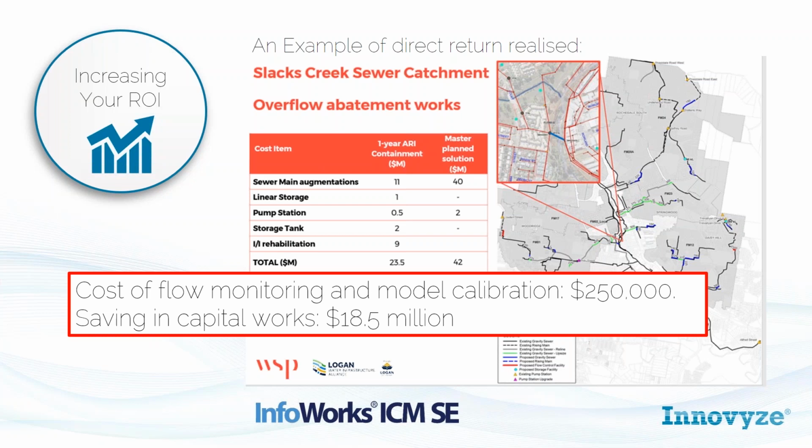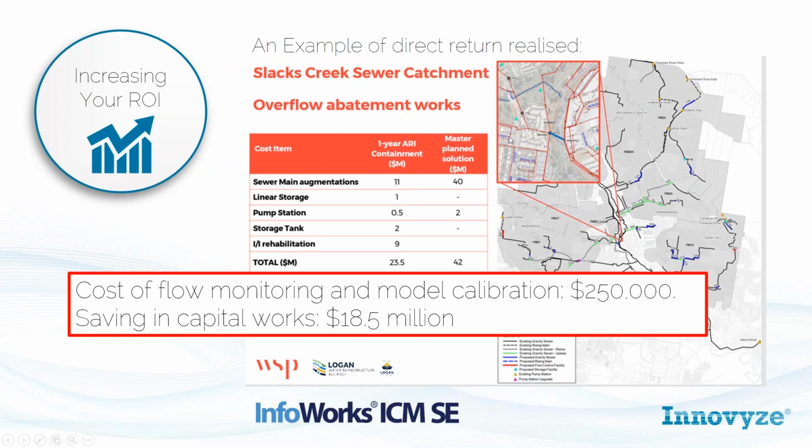So the project here is the Slacks Creek sewer catchment, and the traditional approach to that had identified a very high cost augmentation being required of the trunk main, a little bit downstream of the inset shown there on the western side of a creek to the left of the screen.